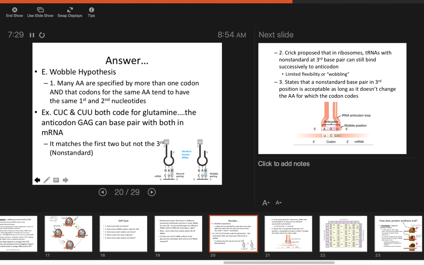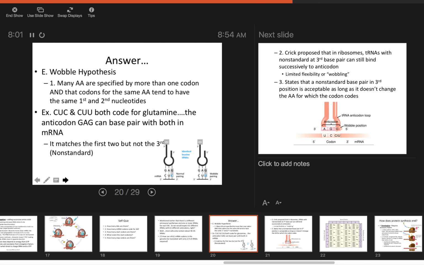Notice that G and C normally pair together for leucine, but the anticodon can also pair with C, U, U. So the first two are correct, but G doesn't pair with U. What should pair with U? A. But because the first two match correctly, the third one may not matter. It's not as important. That's why they call it the Wobble hypothesis. Wobble.